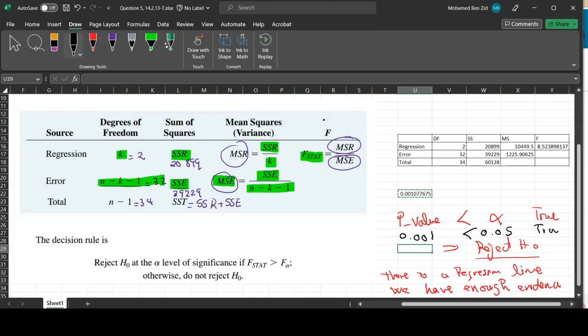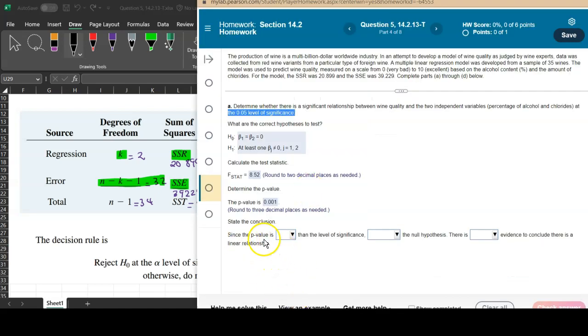This is true. So if it is true, we're done. We are rejecting H0. All right. Okay, let's go back. The p-value is smaller than the level of significance. That's good, and we do reject the null hypothesis, and there is sufficient evidence to do this.